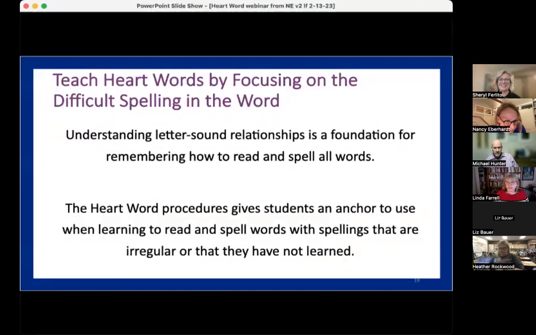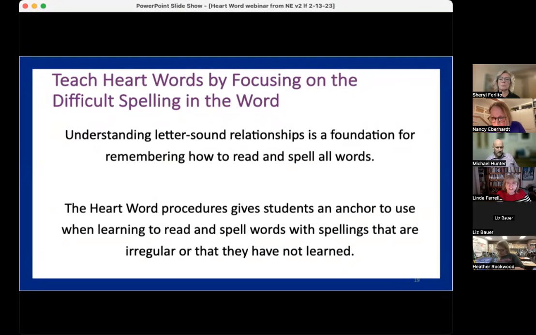So when Mary Ellen and I were thinking about this, and it's what I think most people do, we focus on the difficult spelling in the word. And we can only do that if the children understand phonemic awareness, because they have to be able to identify the first, the last, or the middle sound.